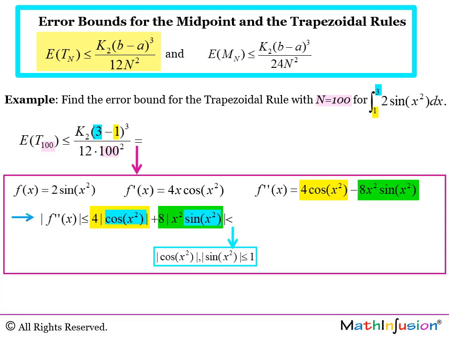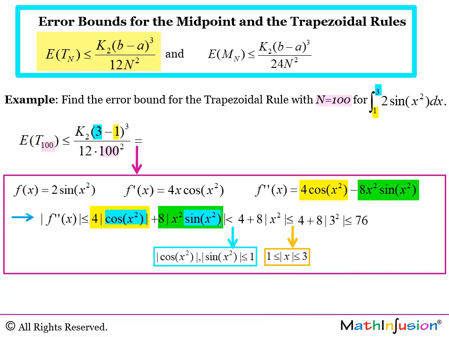Using that, we can eliminate the cosine x to the power of 2 and the sine x to the power of 2 and replace them by 1. And we get this. Now we have to take care of the x to the power of 2. Because x is between 1 and 3, then x in absolute value is between 1 and 3.